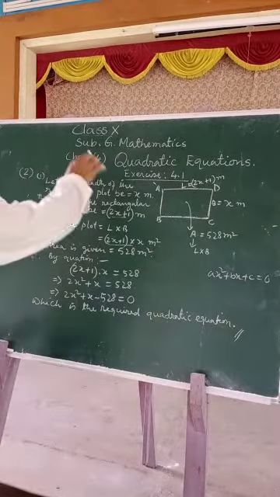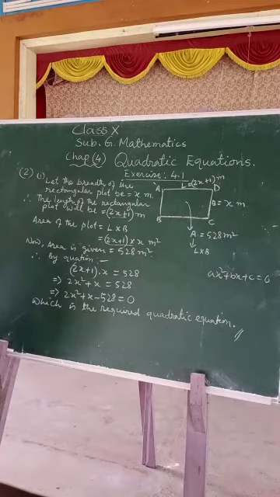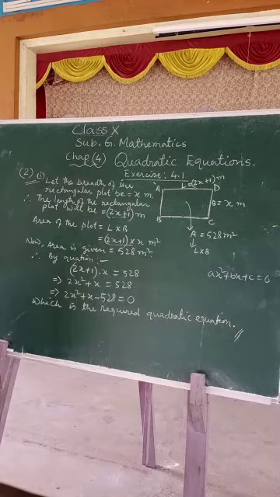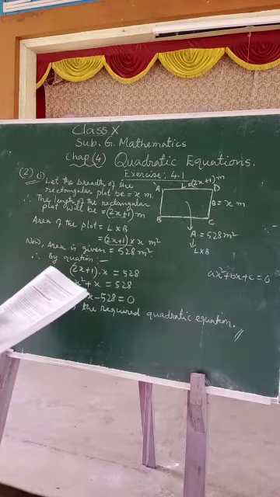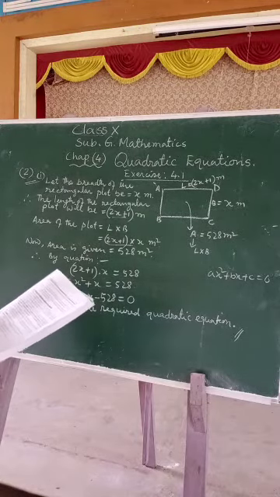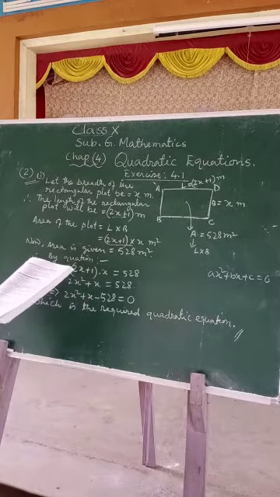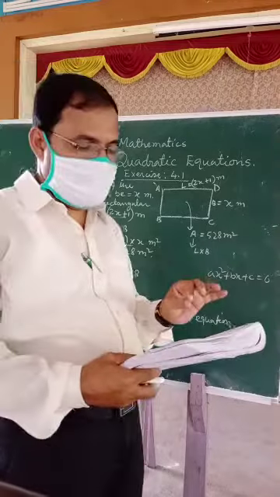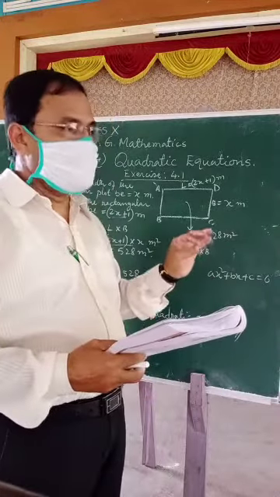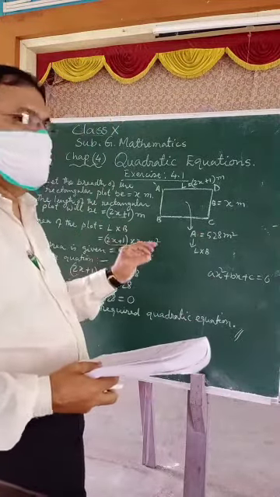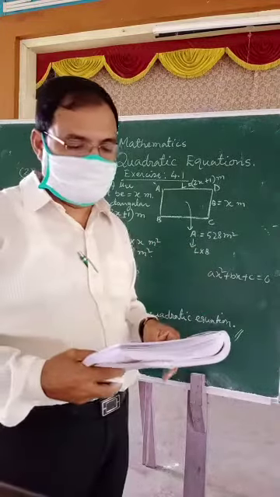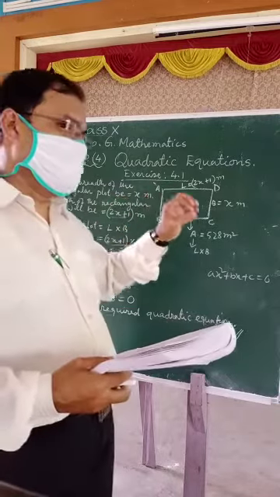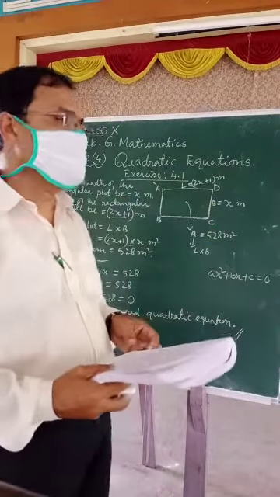First of all, we assume the two consecutive numbers: one is x, another is x plus 1, and their product x into x plus 1 equal to 306.